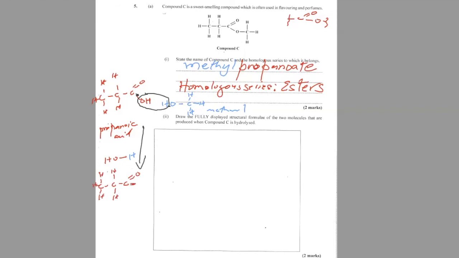So we'd have a bond right there, and then we'd have the alcohol part now, O, then CH3. And let us just highlight the ester bond that was formed.